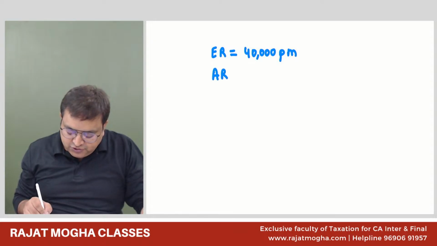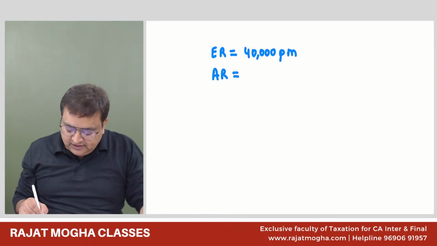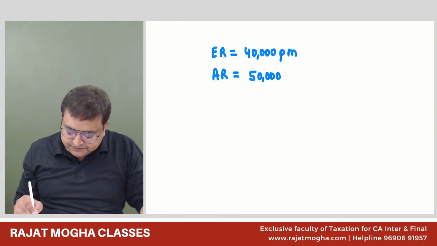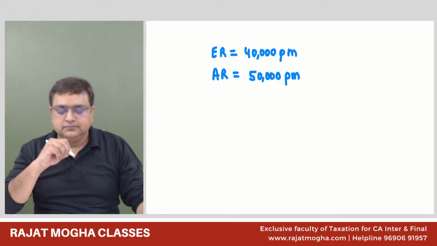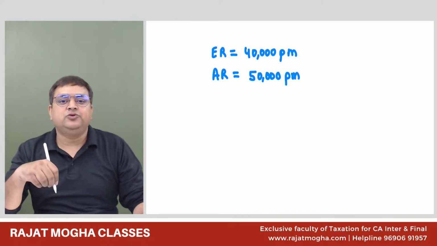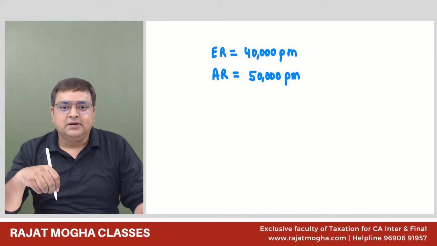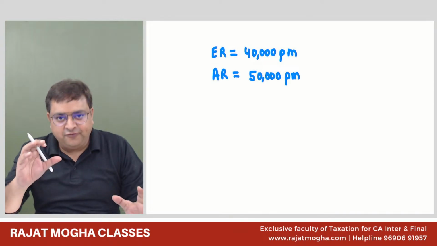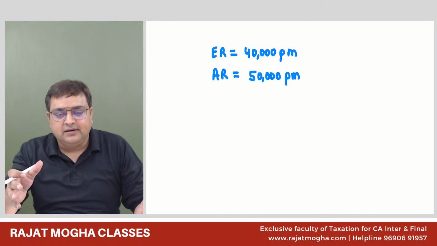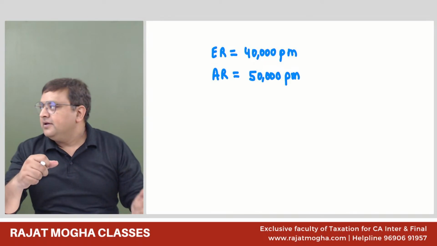And if the assessee is saying my actual rent is 50,000 per month, please tell me, is the assessee fraud or genuine? Assessee is genuine. Why?